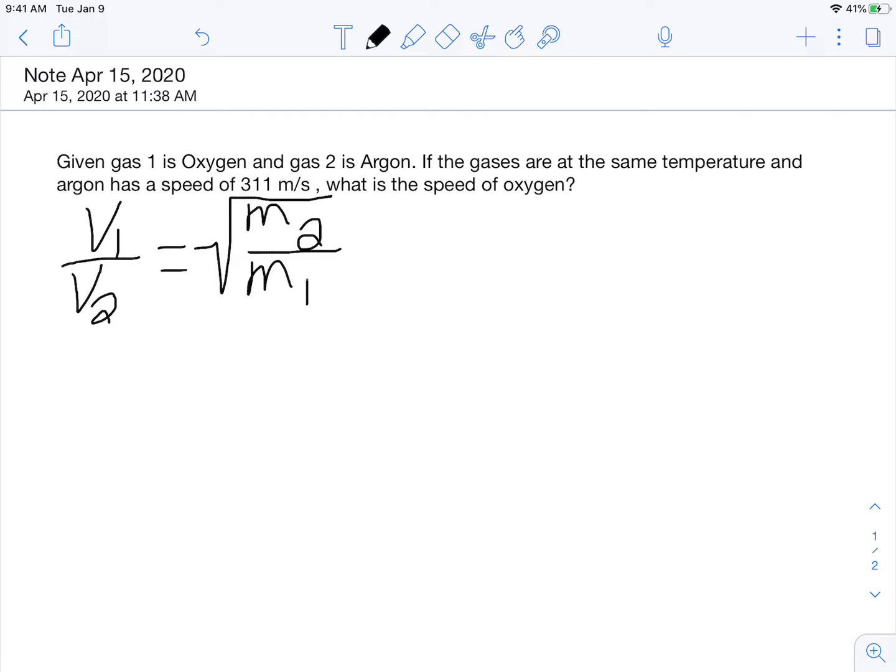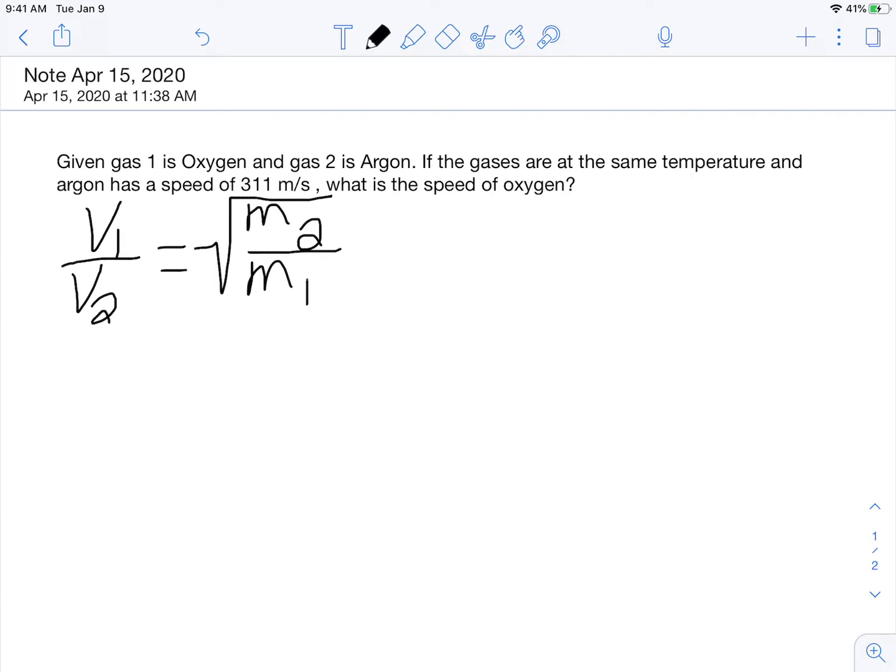Now it is very important that V2 and M2 are diagonal from each other, and then V1 and M1 are diagonal from each other. So it doesn't really matter which gas you're going to call gas 1 or gas 2. In this case, I happen to label them for you.